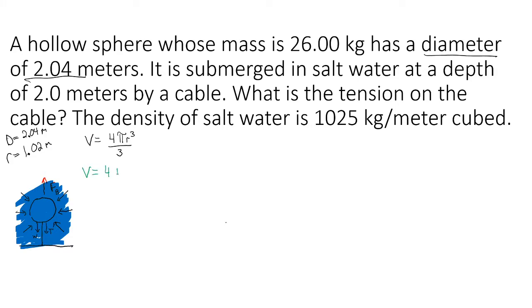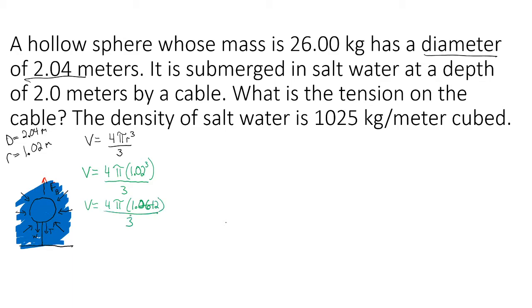Volume equals 4 pi times 1.02 meters cubed, over 3. So we're going to take our 1.02 and cube it. 4 times pi times 1.0612, all over 3.